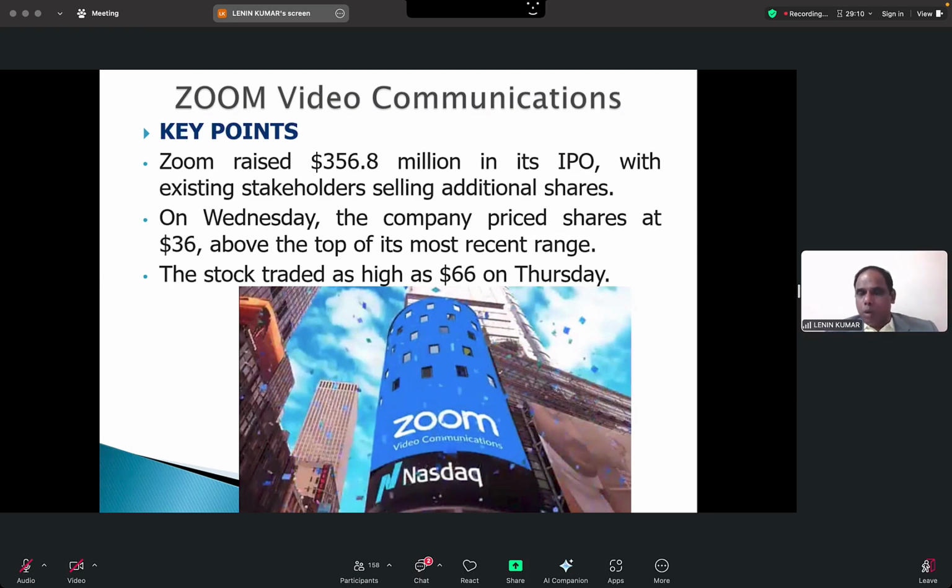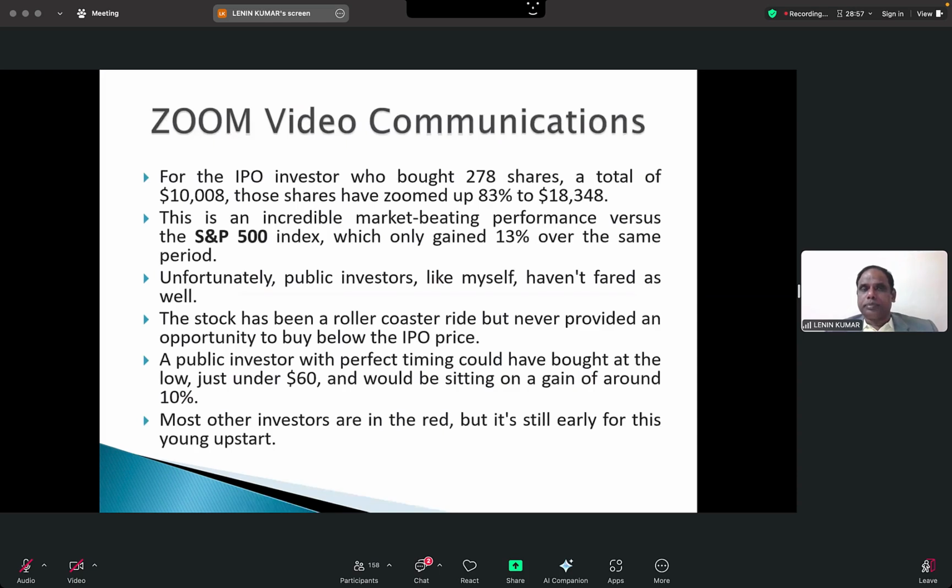When it opened on Wednesday at the price of $36, Thursday it went up $30 more, that is $66. For the IPO, investors who bought 278 shares, a total of $10,008, saw those shares zoom up 83%.